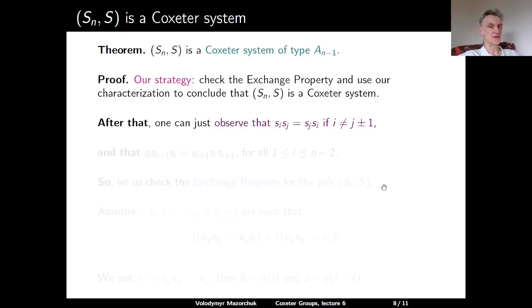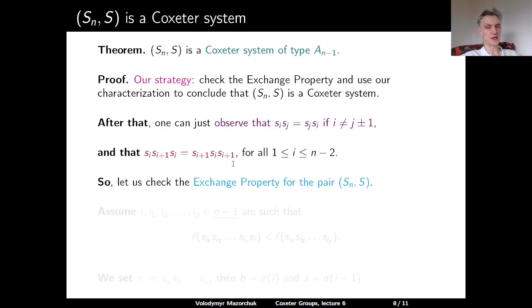And after that, we need to determine the type, and for this we just need to observe that elementary transpositions commute if they are far away, and the neighboring elementary transpositions satisfy the braid relation, S(i+1) Si S(i+1) equals Si S(i+1) Si, for all i between 1 and n minus 2. So if we can prove that this is a Coxeter system, determination of the type is a very easy exercise.